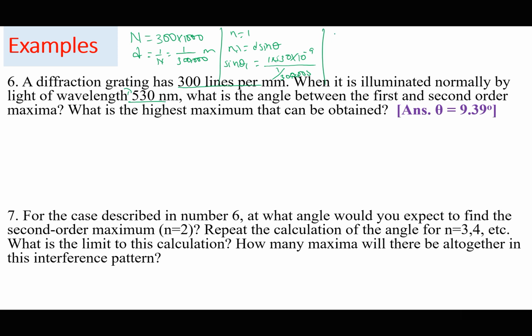So the 300,000 goes up, and sine of theta 1 is 530 times 10 to the power of minus 9 times 300,000.